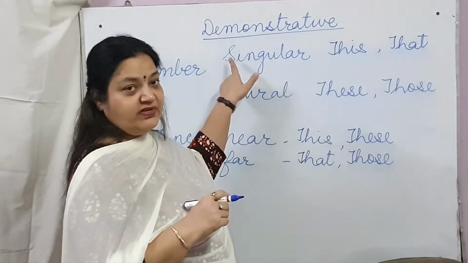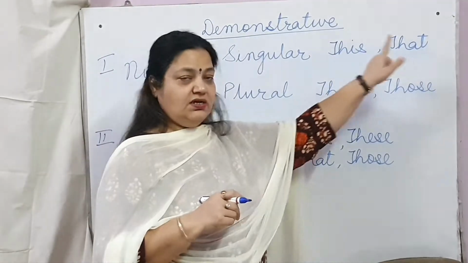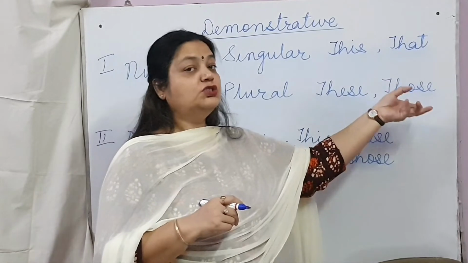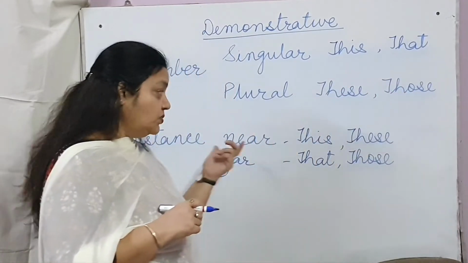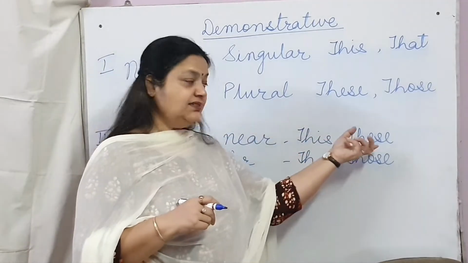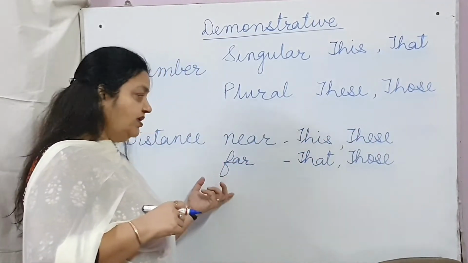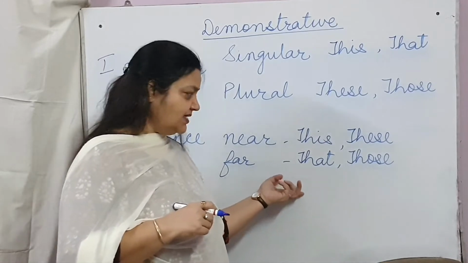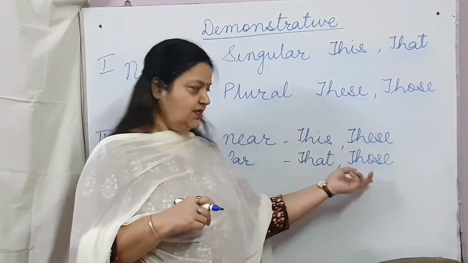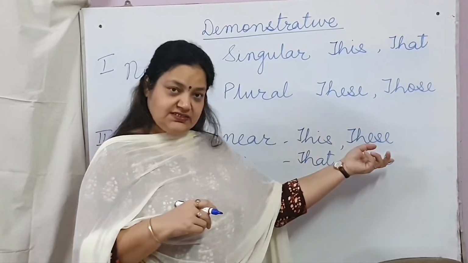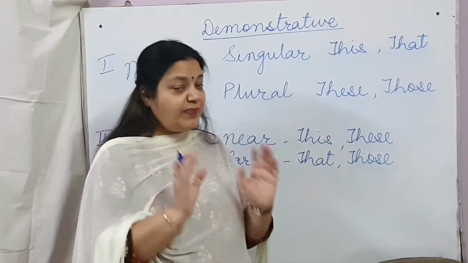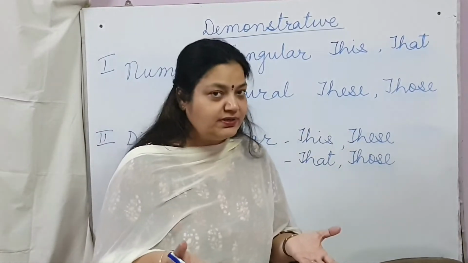For things having singular, it is this or that. Having plural number, these or those. Same time, if they are near me, I use this and these. And if they are far from me, that and those. So in simple words, this and these are used for things which are near to me depending upon their number.